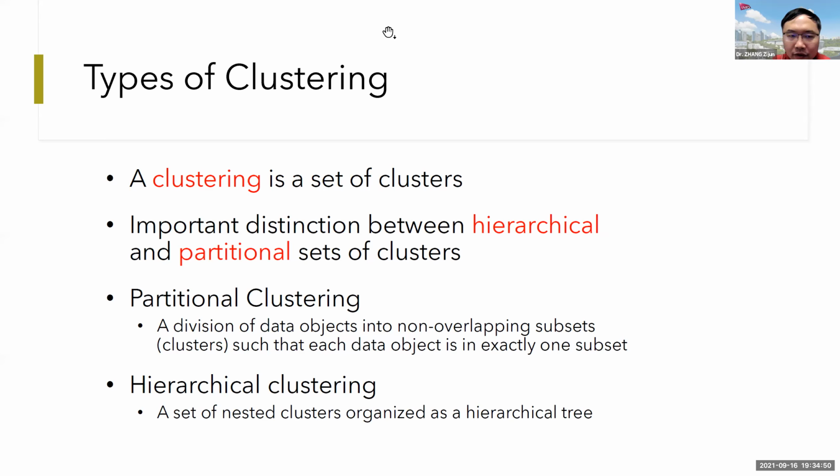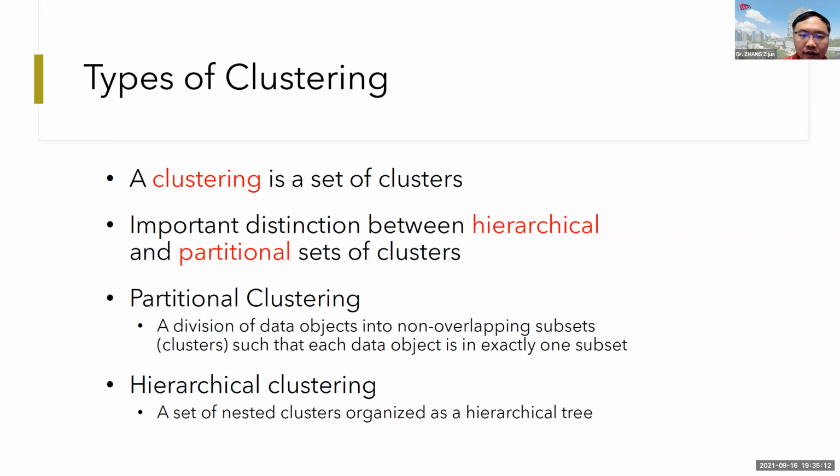So there are a number of different types of clustering analysis. From the previous slides, we have talked about how clustering is basically to develop a set of clusters based on evaluating the characteristics of the data in the data set.